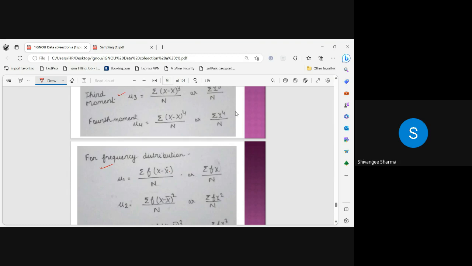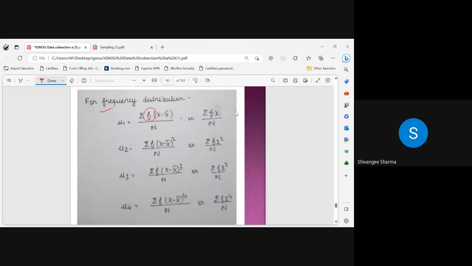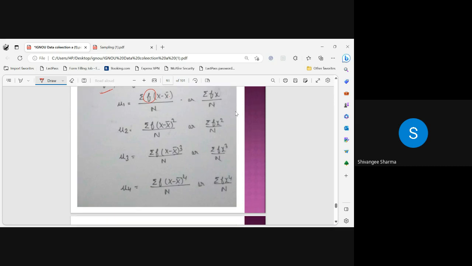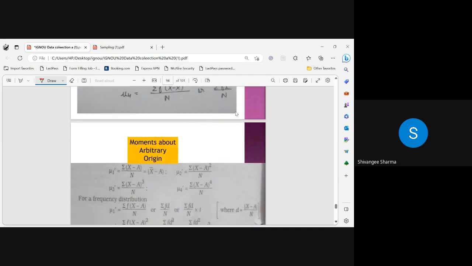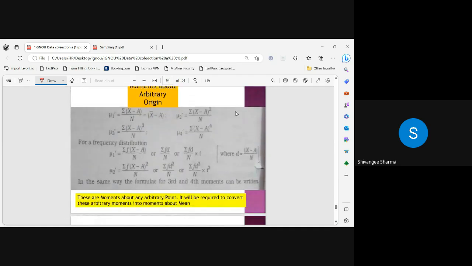But after deviating, you have to multiply it with f, which is the frequency of the given item in your data set. This is how you will calculate your moments when there is a discrete series or continuous series. When it is an arbitrary origin, it is generally equal to the assumed mean.